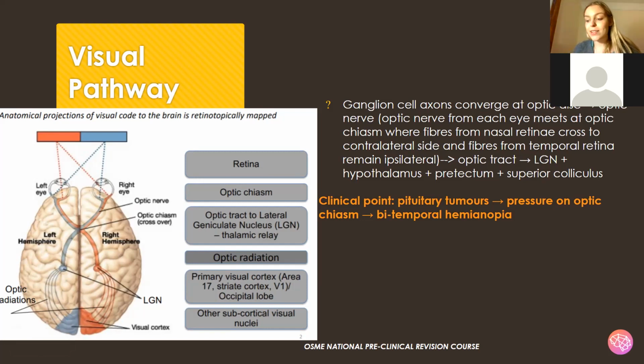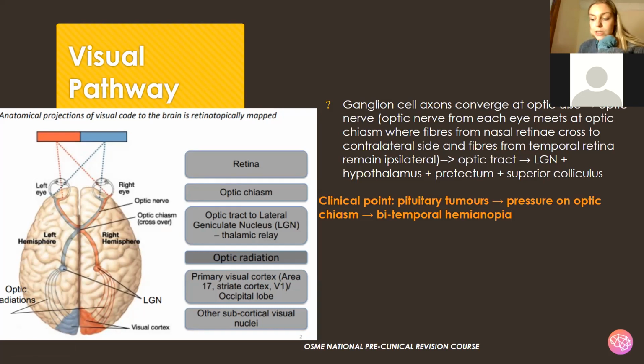So this gives us our optic tract, as we can see here from the optic chiasm onwards. And the optic tract has a few projections, the main one being the lateral geniculate nucleus, the LGN, but it also goes to the hypothalamus, and this is for synchronization of biological rhythms, so circadian rhythms, which is another important role of light.